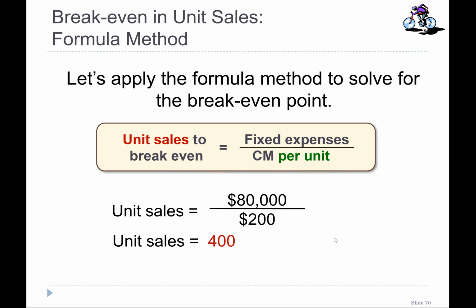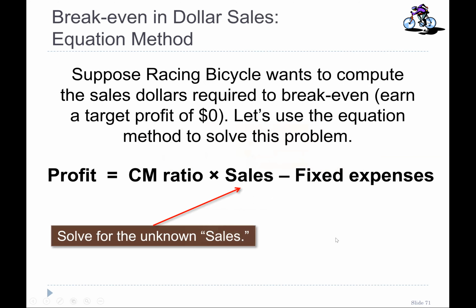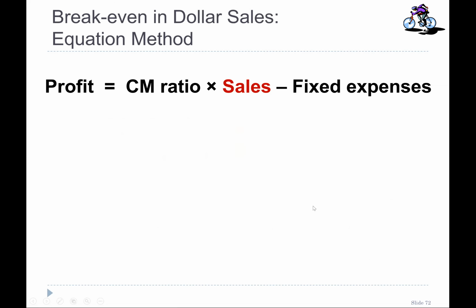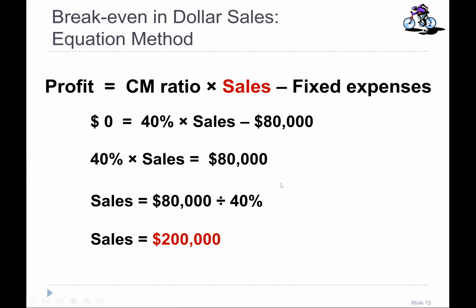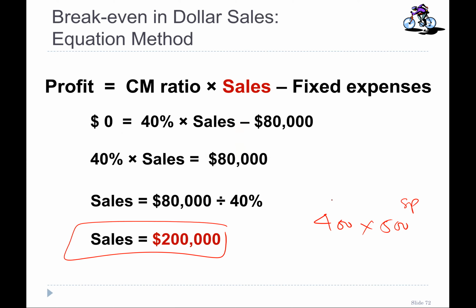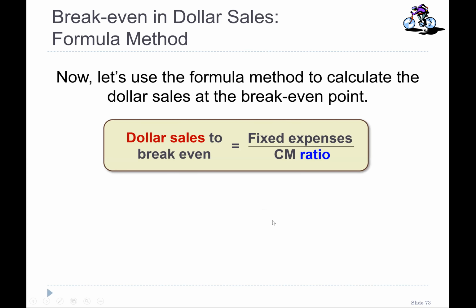Let's look at that. 400 multiplied by the sale price of the bike, 500. This is the 400 quantity, units, answer would be 200,000. There are multiple methods to do that, right? For the formula method, just replace CM in units with CM ratio in order to get dollar sales.